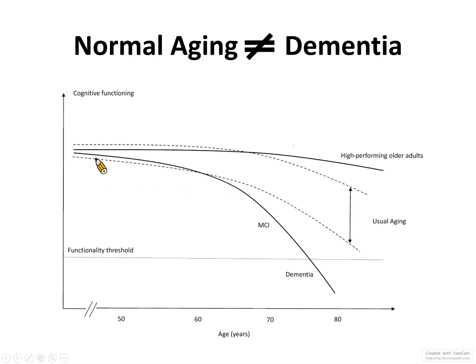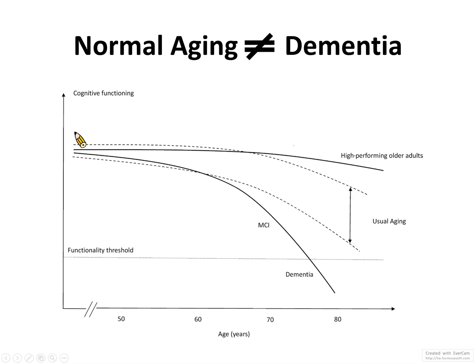So if we are able to trace a huge number of normal, healthy people across different ages, probably we'll see this kind of curve.